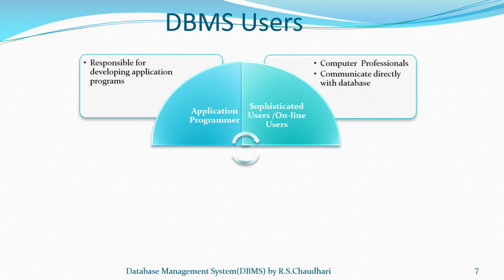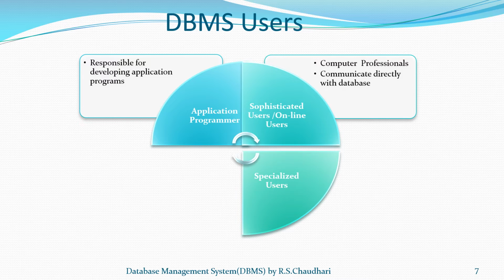These users are aware of the presence of the database system and have limited interaction with the database through application programs. The more sophisticated of these users may also use a data manipulation language to maintain the database directly. They are also called online users.